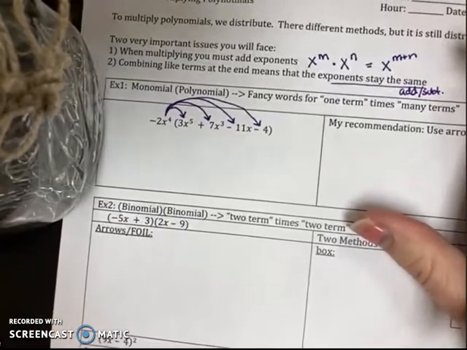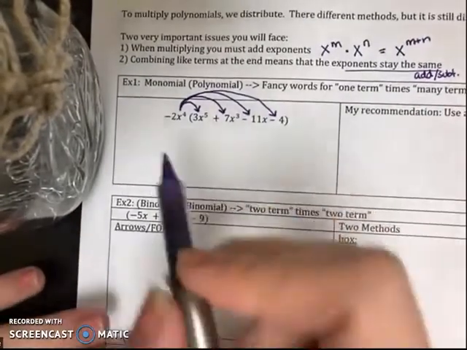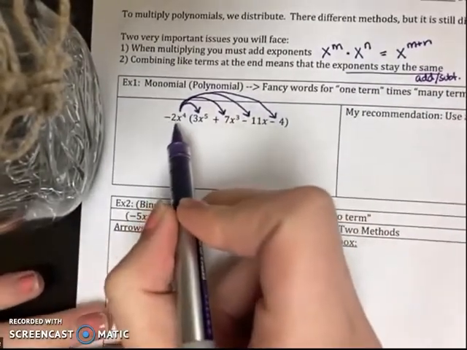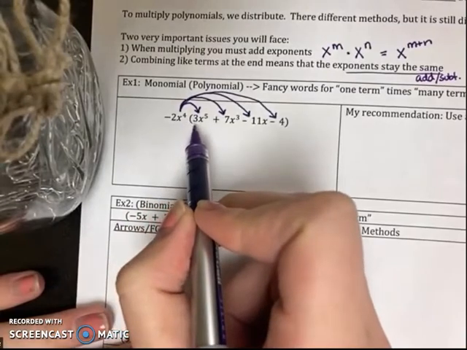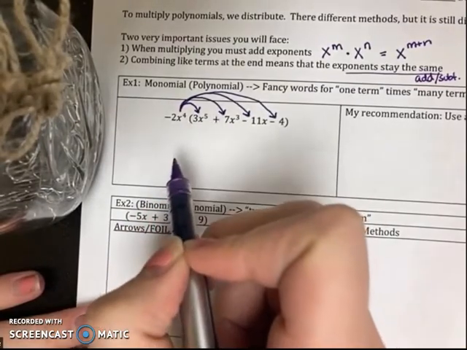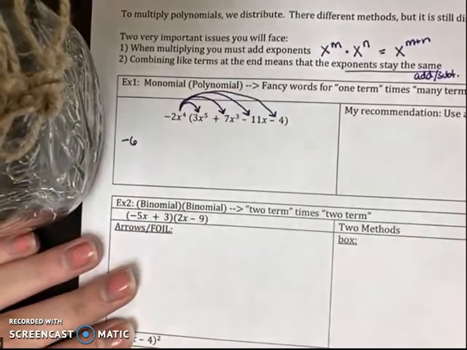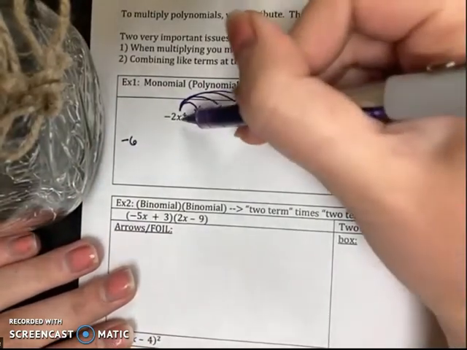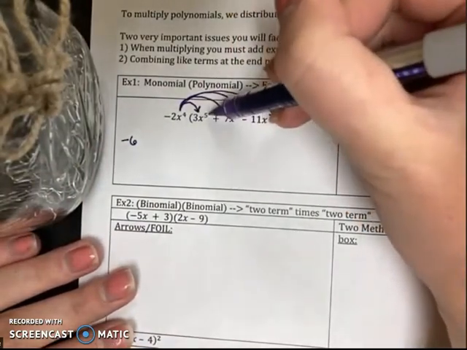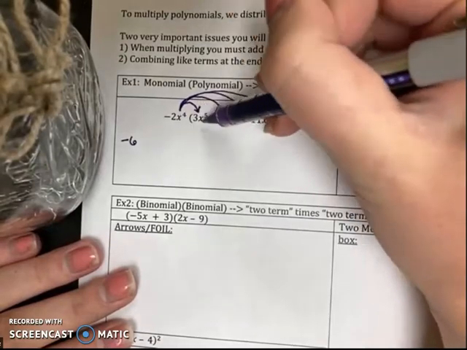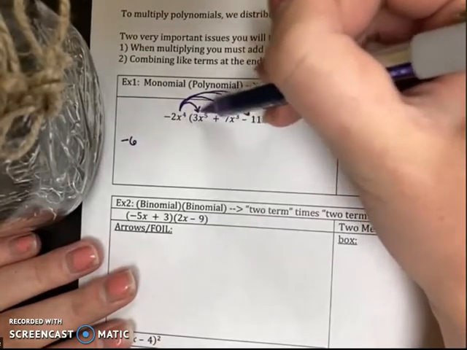So the first thing that I have is negative 2x to the fourth times a positive 3x to the fifth. I like to do my numbers first, so negative 2 times 3 is a negative 6. And then x to the fourth power times x to the fifth power. Since we're multiplying them together, we add the exponents.